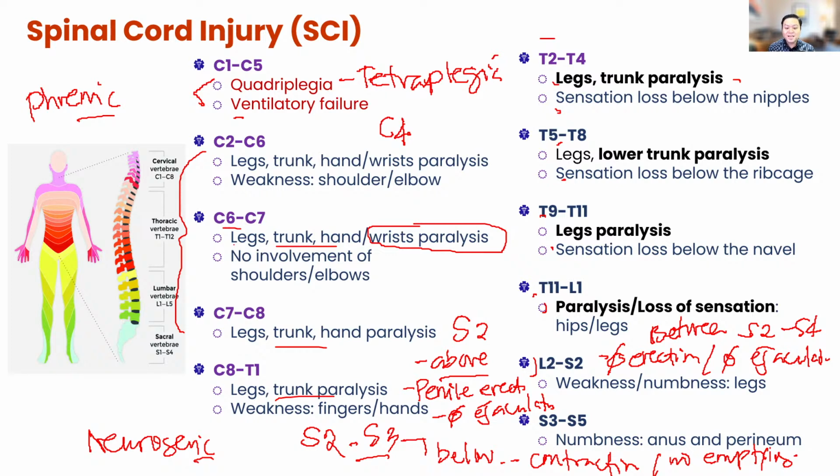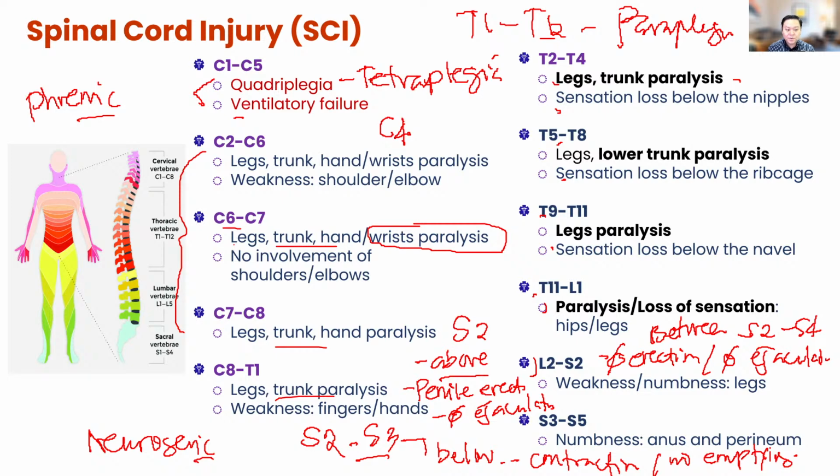All right. And then we have the thoracic injuries from T1 to T12. Don't forget about the paraplegia. T1 to T12, there's going to be paraplegia, and the sensation will vary according to the specific levels this time. All right. And don't forget about the S levels.